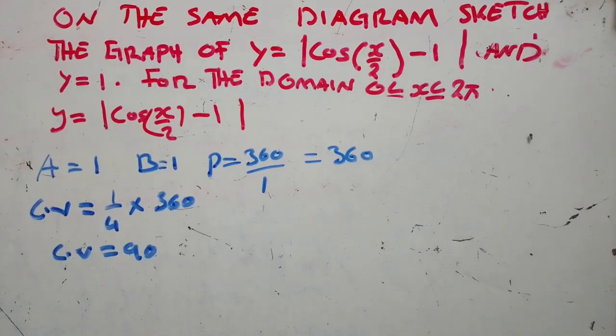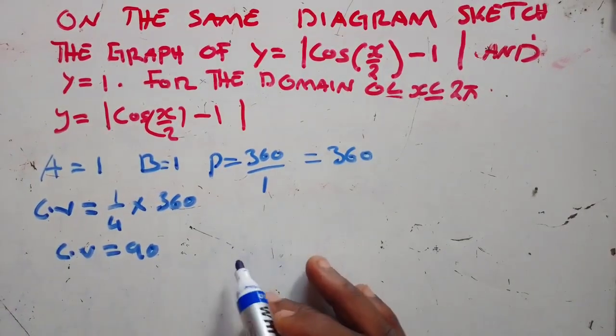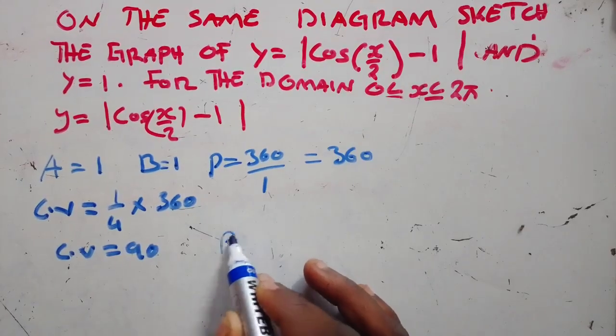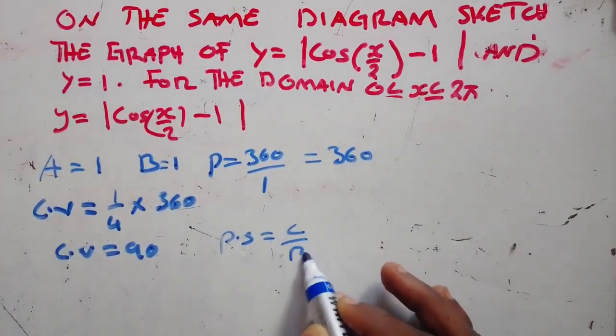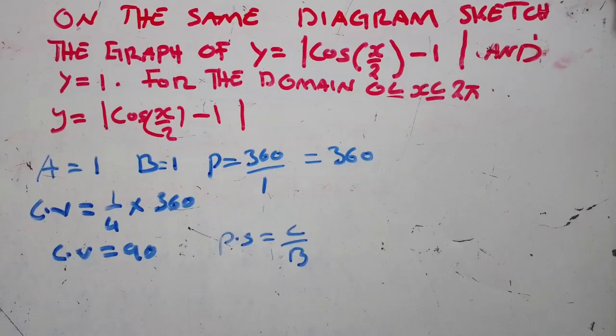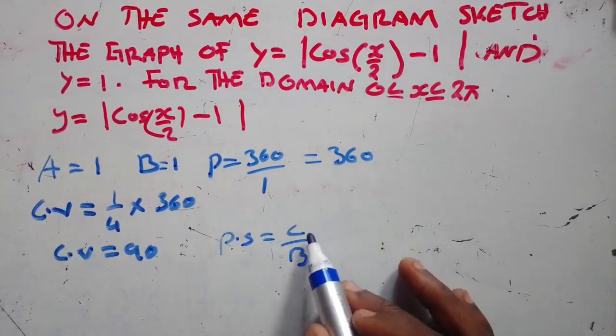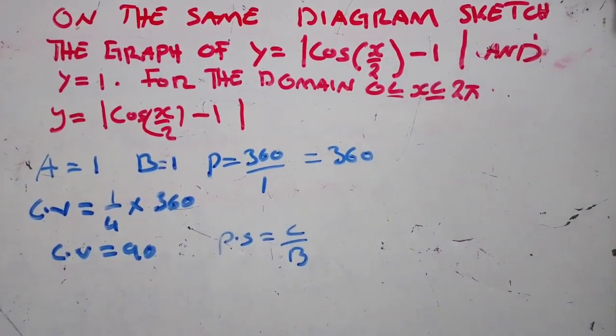Having found the counter value, you now find the phase shift, which is the starting point of the graph. Phase shift is equal to C over B. Before we proceed, C stands for the angle given, and B is the frequency, which is 1.